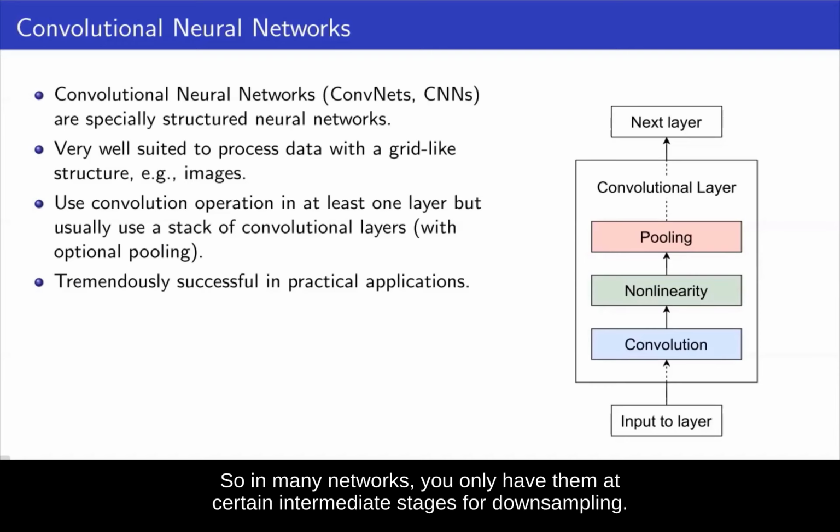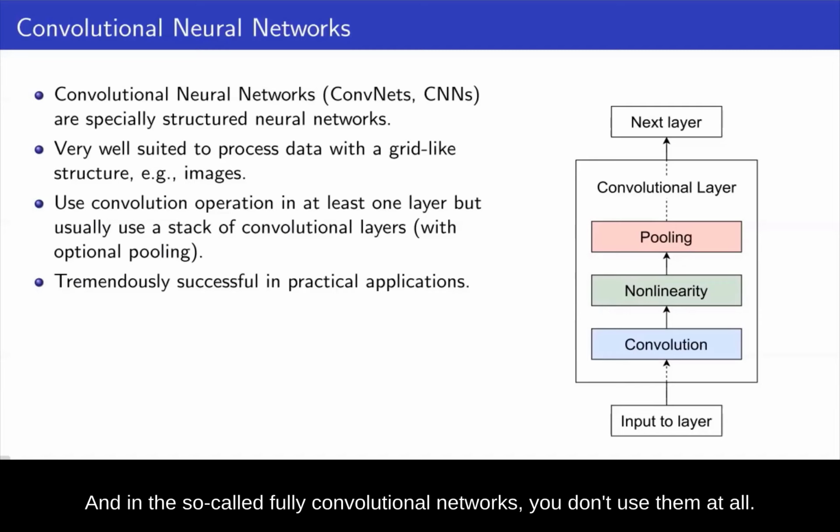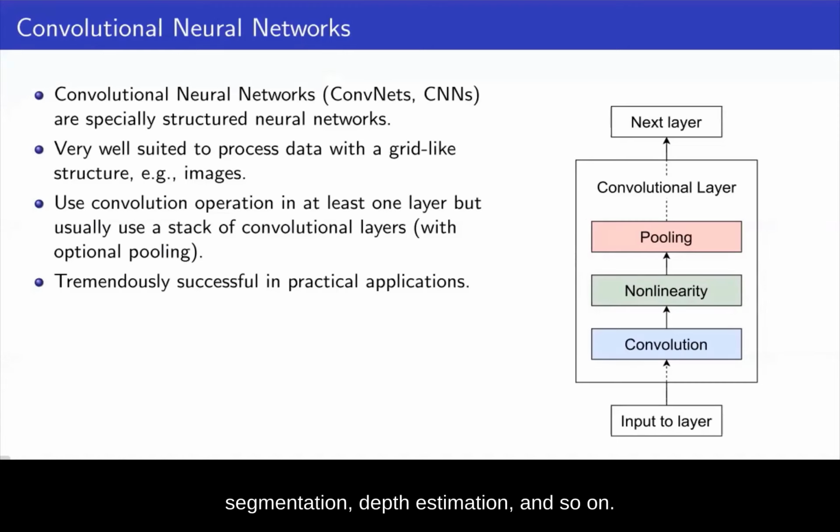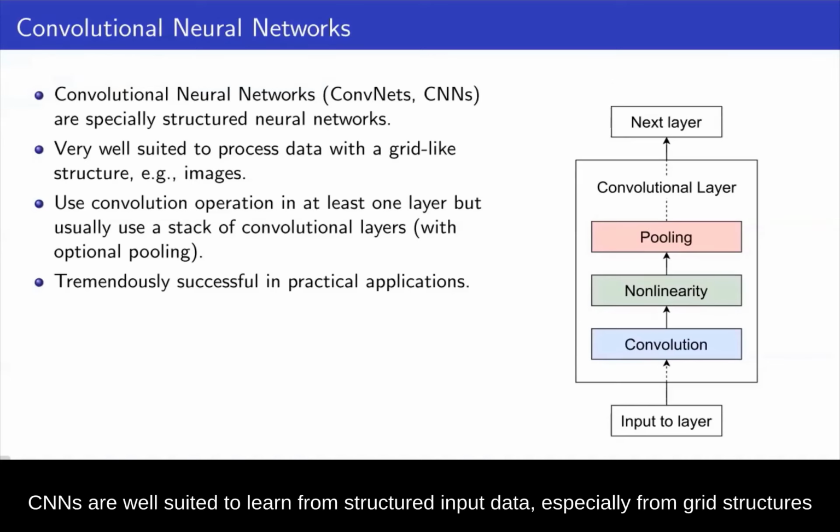So in many networks, you only have them at certain intermediate stages for downsampling. And in the so-called fully convolutional networks, you don't use them at all. So these fully convolutional neural networks are often used for tasks such as semantic segmentation, depth estimation, and so on. And we will learn more about them in the following lectures.